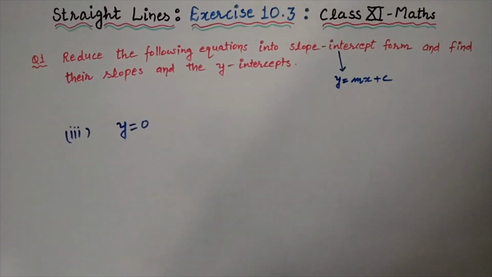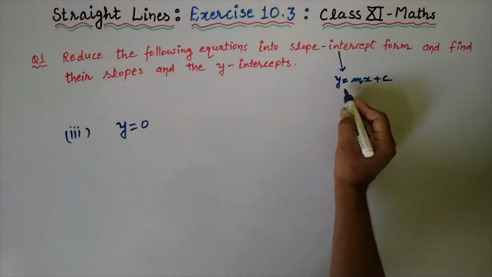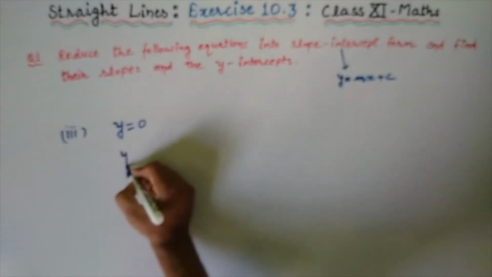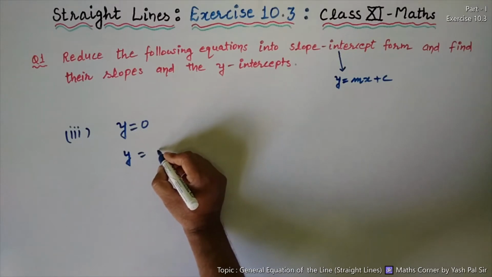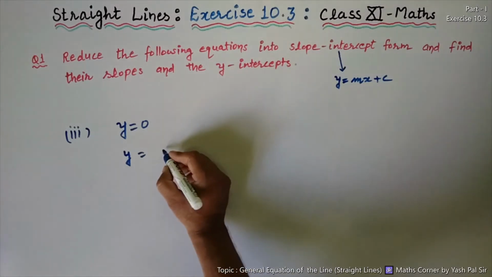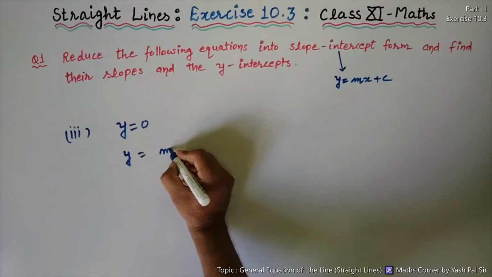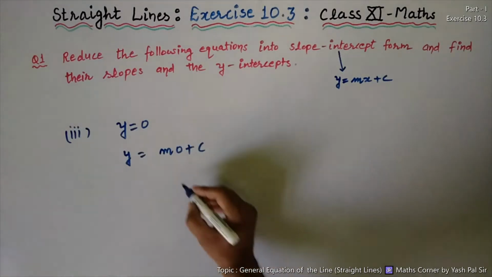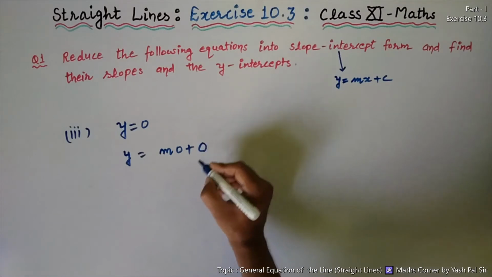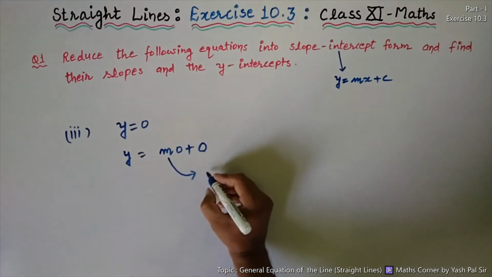Right? Next part, y is equal to 0. Here we can write this equation as y is equal to m into 0 plus c, meaning to say c is also 0.